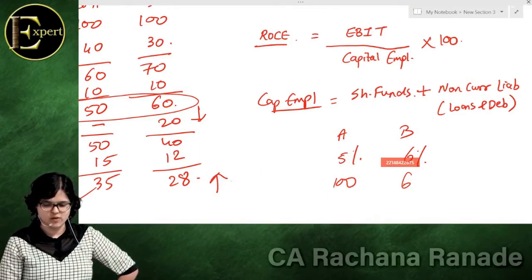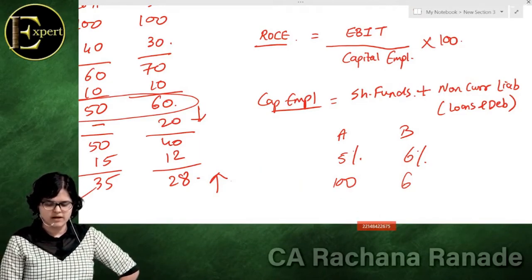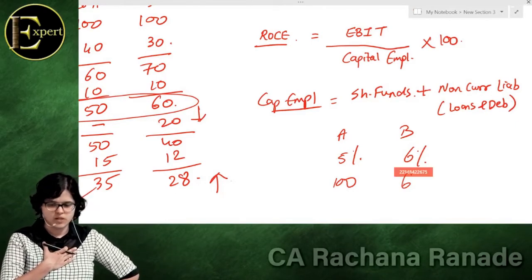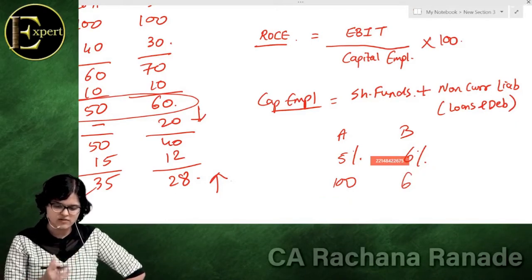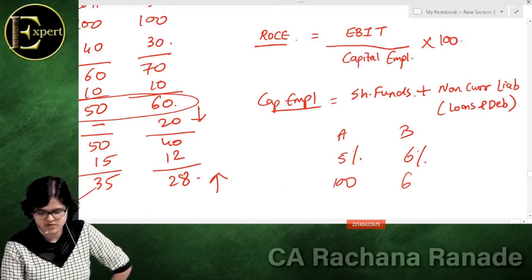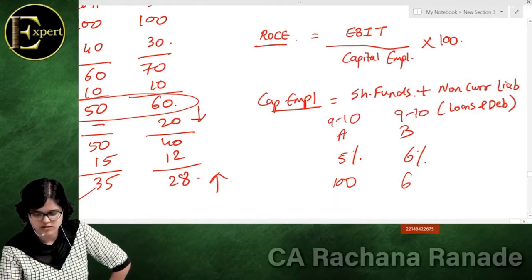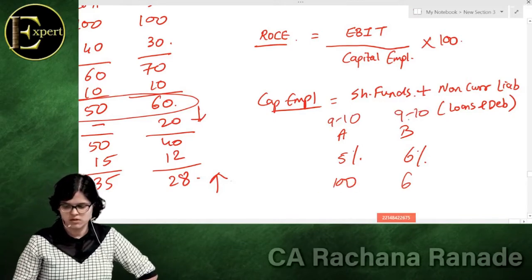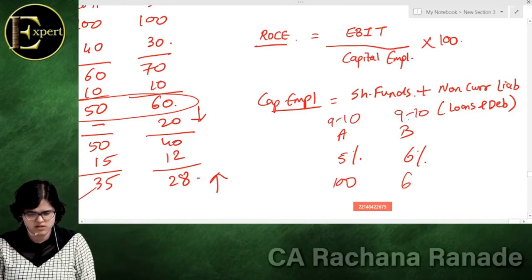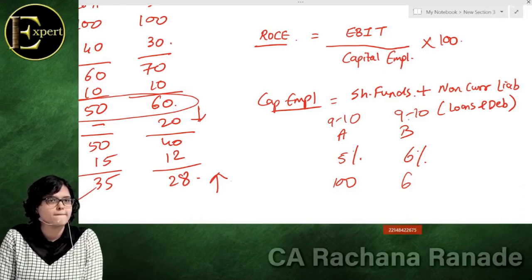It depends on how much you invested. Okay. So now I'll tell you, this is my personal opinion. I'm assuming that A has been in business for the last 9 to 10 years. B is also in business for the last 9 to 10 years. That is my presumption. Then I will say I will invest in none. Neither A nor B. Why?